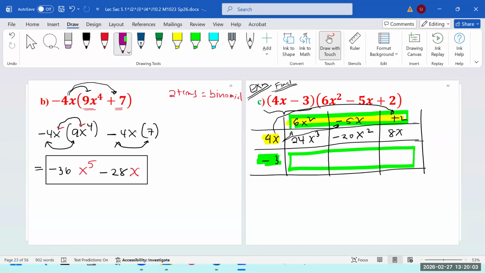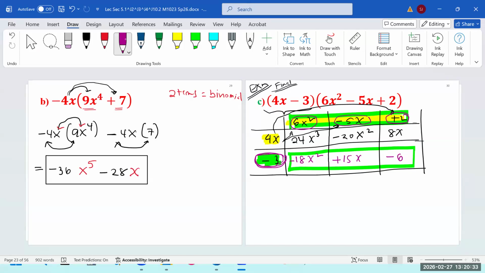So what is negative 3 times 6x squared? Negative 18x squared. The next one, negative 3 times negative 5x. Positive 15x. And the last one, negative 3 times 2, negative 6.